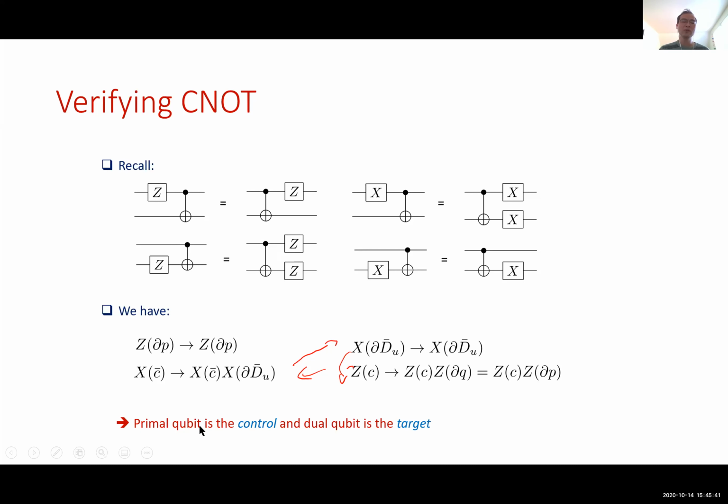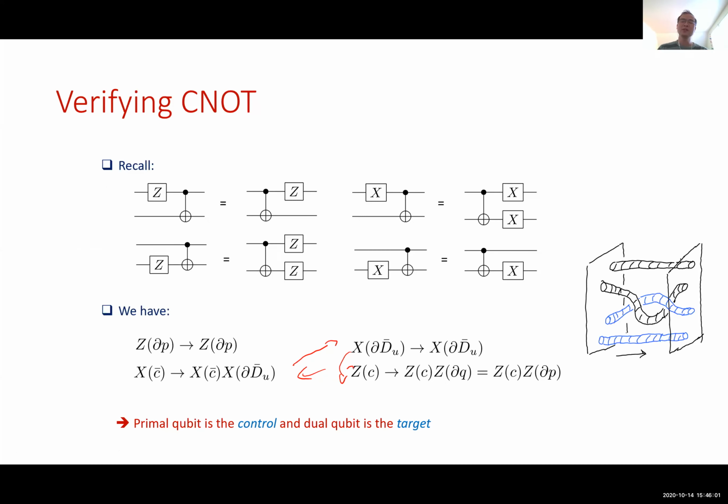It's important to note that the primal qubit is the control and the dual qubit is the target. That's probably the most important conclusion from this manipulation of these defects.